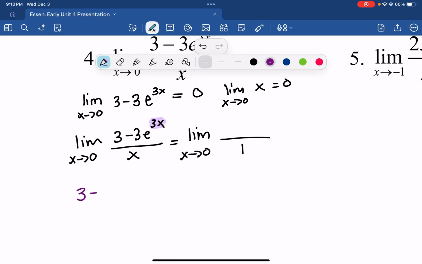So that 3 minus 3e to the 3x, right? I said that when I take my derivative, that 3 out front becomes a 0, and then I'll have, okay, the minus 3 sits there. Derivative of e to the u, right, that substitution idea, is still e to the 3x, and then we have to take the derivative of the inside, so times 3. So I'm left with a negative 3e to the 3x times 3, which is going to give me negative 9e to the 3x.